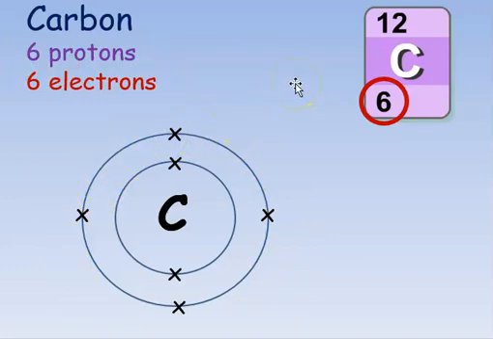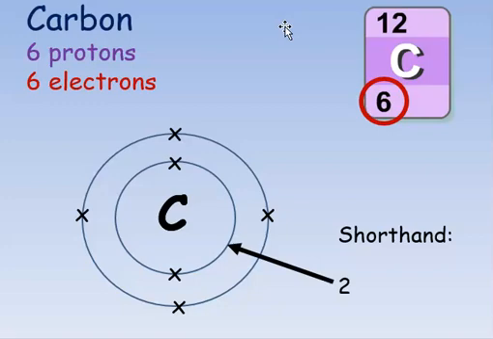There is the possibility to write this entire drawing in a shorthand. The shorthand starts with a 2, because there are 2 electrons in the first shell, and then we put a comma and a 4, and the 4 we put because there are 4 electrons in the second shell, and that is the shorthand for the electron configuration of carbon.